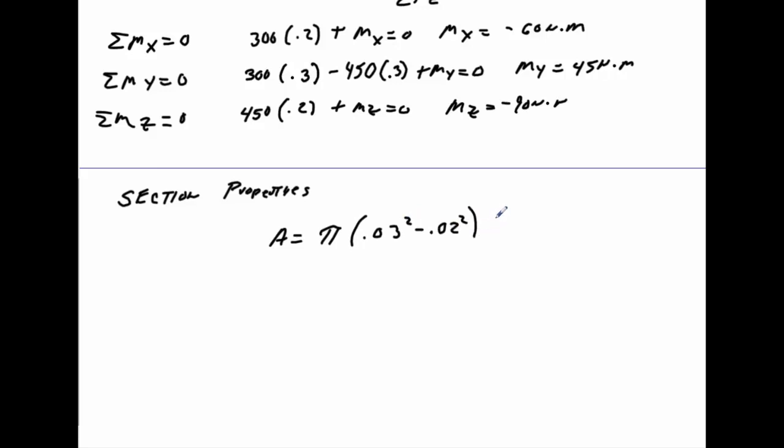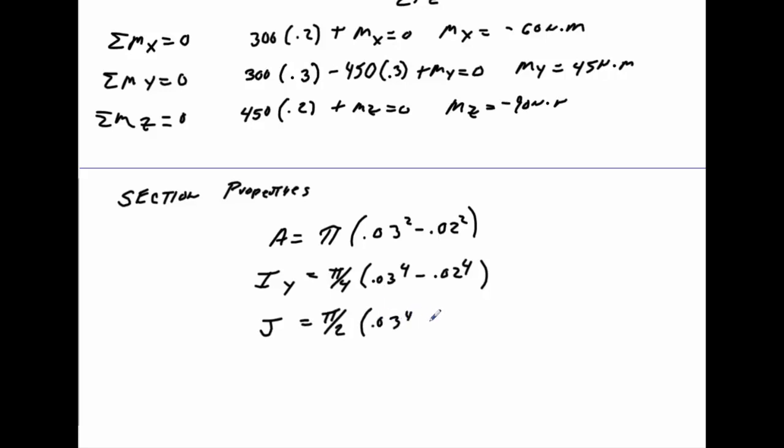That would give me that value here. And we'll run this one, our moment of inertia around the y would equal pi over 4 times 0.03 to the 4th power minus 0.02 to the 4th power. And then we'd have to do polar moment of inertia, and that gives me pi over 2 times 0.03 to the 4th minus 0.02 to the 4th value.